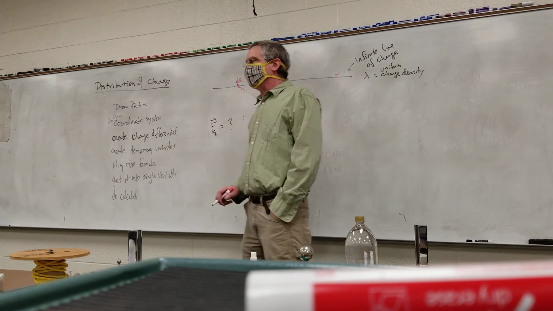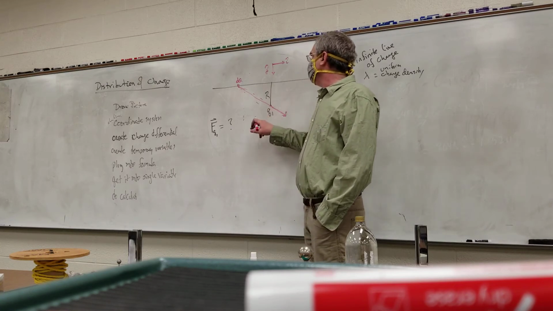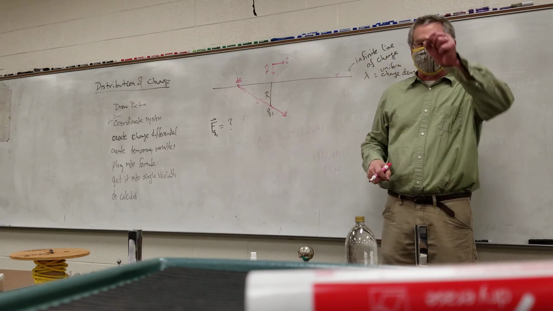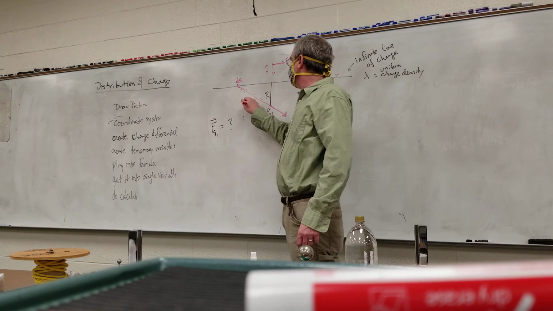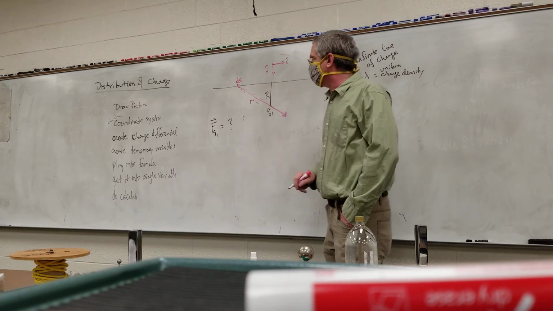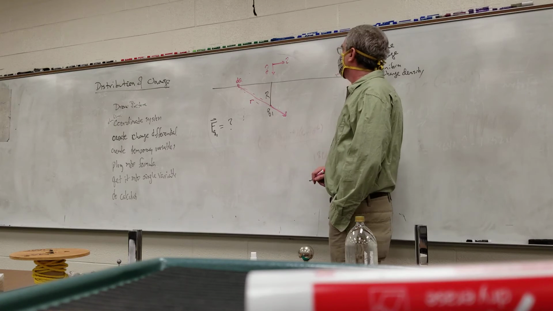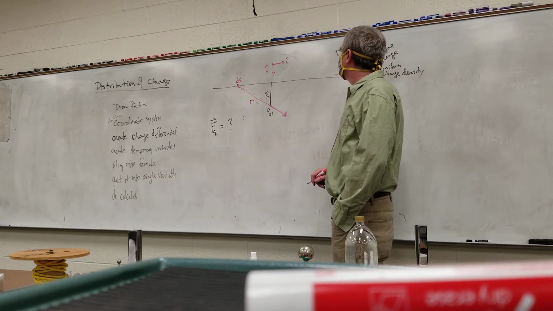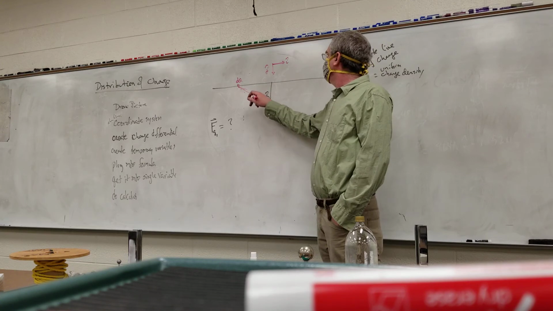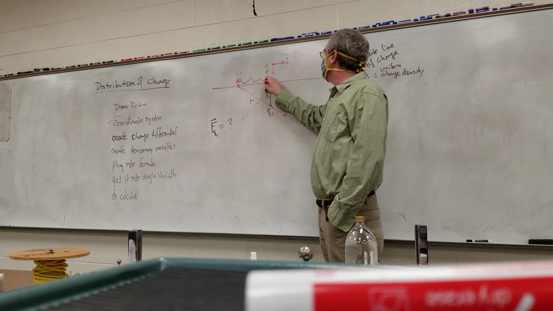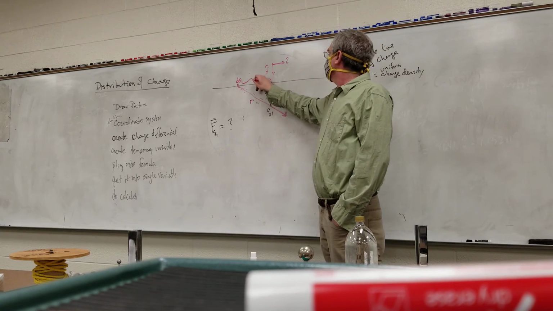The temporary variables: I have big R here, but I know that in my formula I have little r squared in the denominator, so that is the distance between the charges, so I've got my little r there. This distance right here is x.